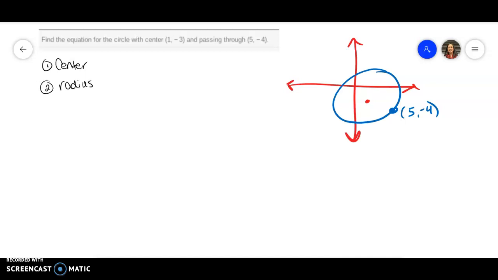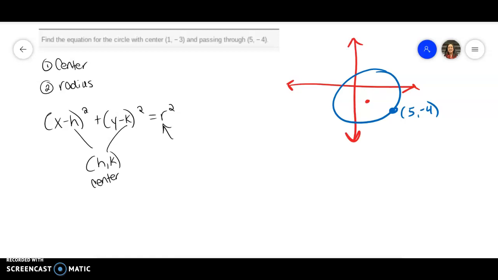Because to write the equation of a circle in standard form, it is (x - h) all squared plus (y - k) all squared is equal to r squared. If you remember, the h and the k are the center of our circle. r is equal to the radius of our circle.